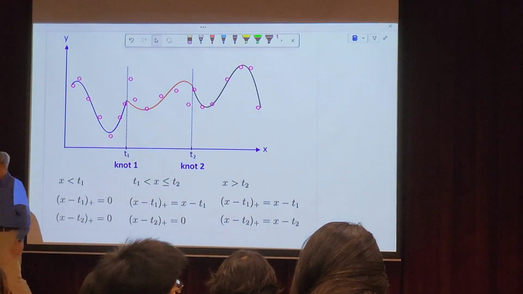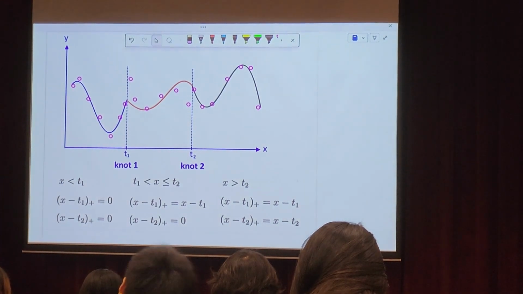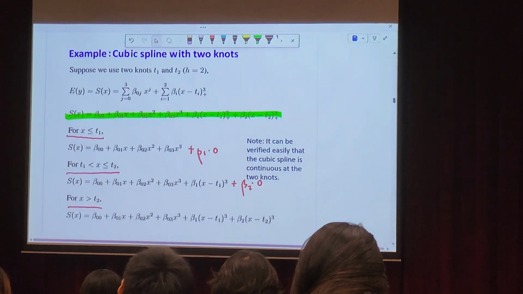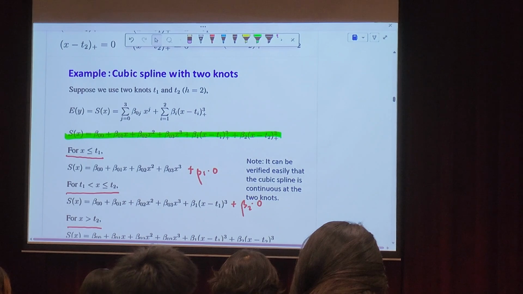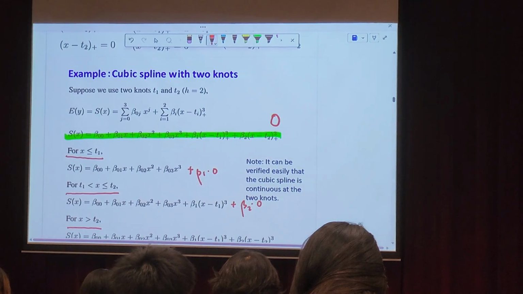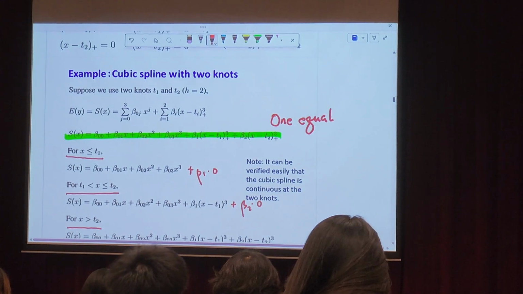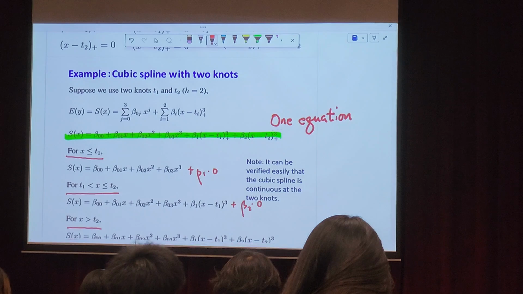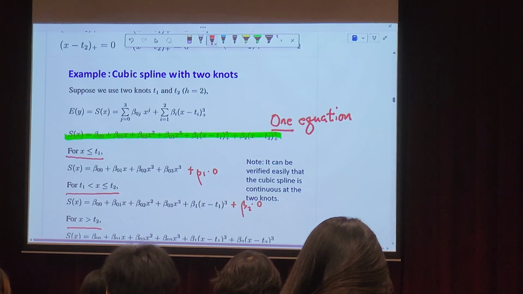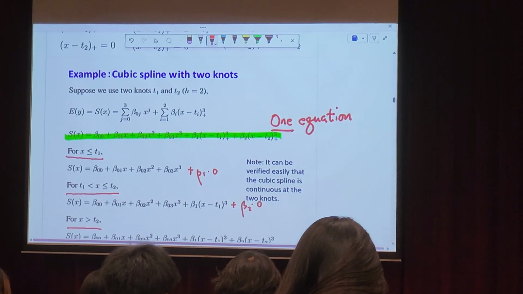And the last one. Okay, so we now have one equation to represent the whole model.